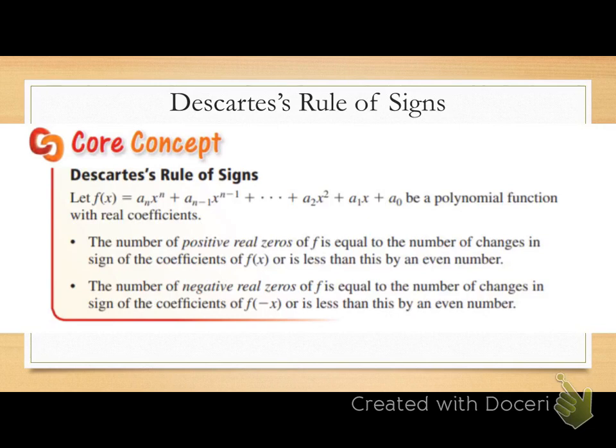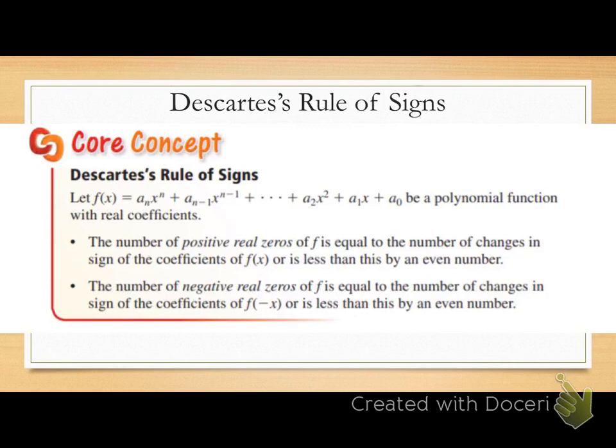It says let f of x equal a sub n x to the n power plus a sub n minus 1 x to the n minus 1 plus ... plus a sub 2 x squared plus a sub 1 x plus a sub 0 be a polynomial function with real coefficients. So it's just representing a polynomial function with real coefficients.